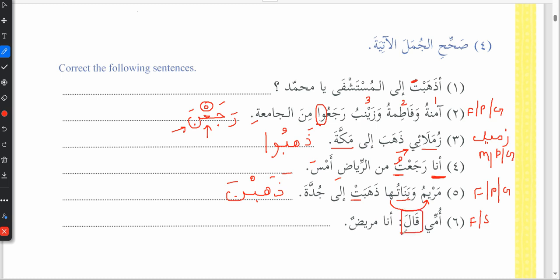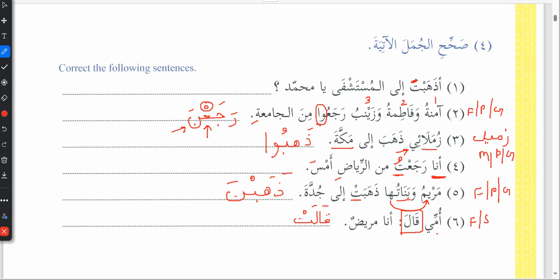You have to use ummi qalat. Ta tanis. You need to add the ta tanis to show that one single feminine person is saying ummi qalat ana maridun. So this is how you have to keep in mind all the information about the damirs, past tense damirs.